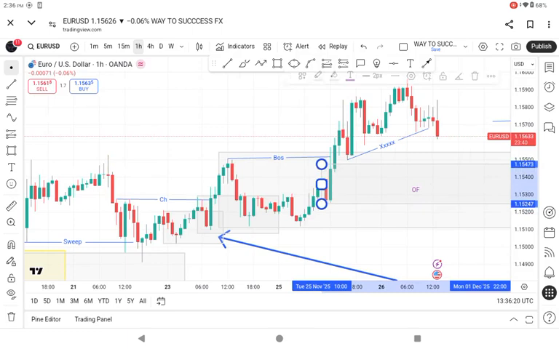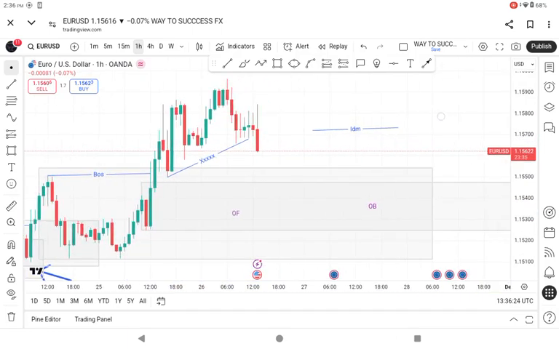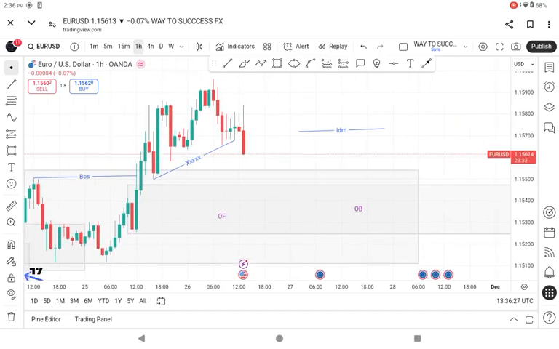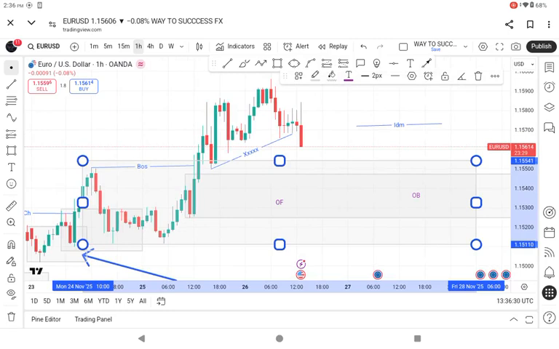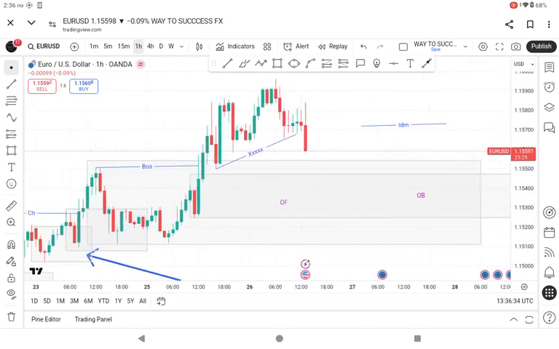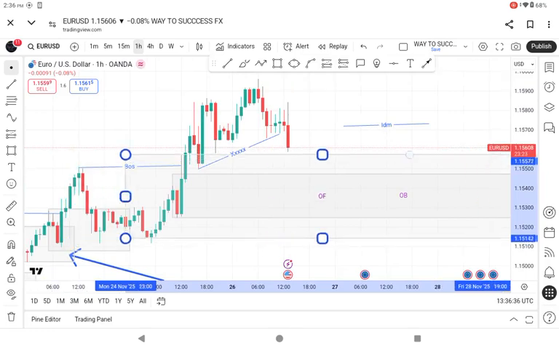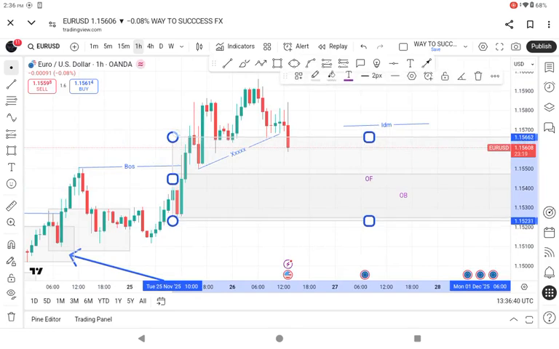Order flow, order block. But for me, I trade more of order block, order flow. So this is the newly created order flow in H1 that has not been mitigated. This is it.